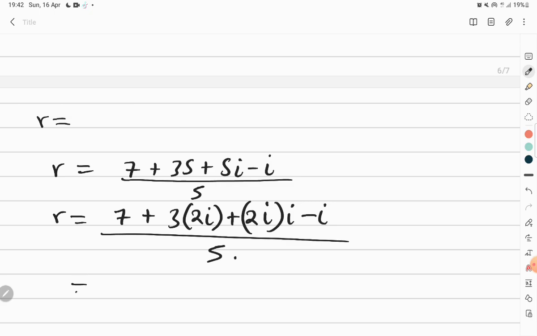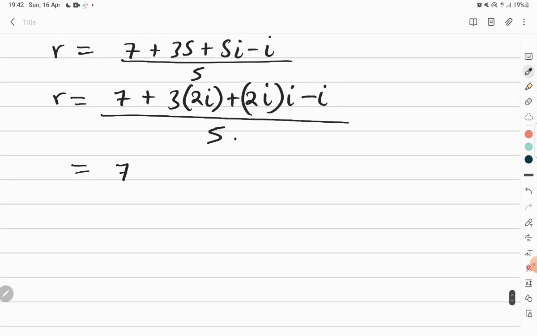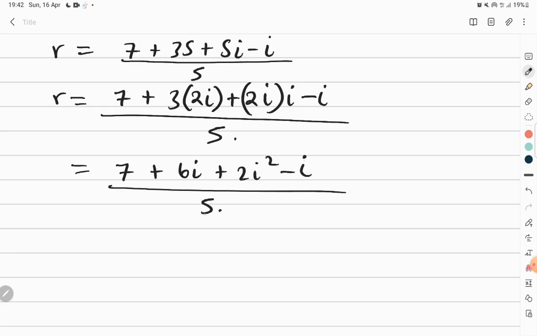Okay, so we can continue to say we have 7, then plus 3 times 2i is 6i. Then we have plus 2 times i squared, then minus i, all divided by 5. Simplifying this, 7 minus 2 is 5.